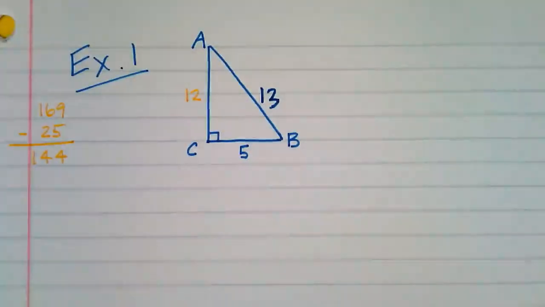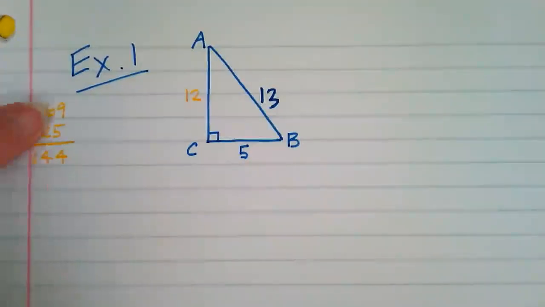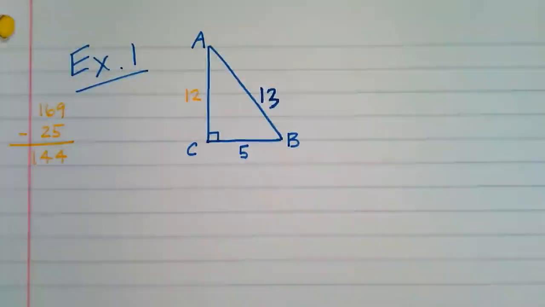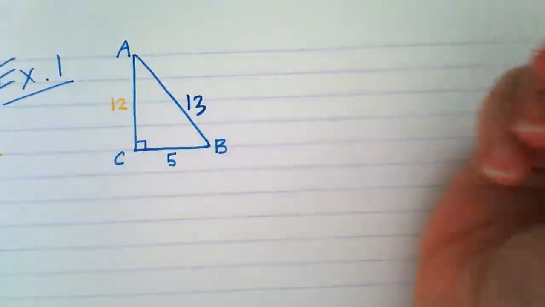How's that? Hopefully you understood that. So I did c squared minus a squared to get b squared, and then if 144 is b squared, b is 12. Okay, so now I'm going to go through some of the ratios.